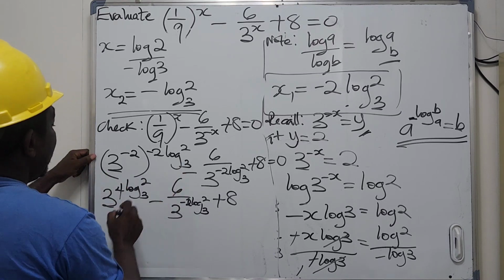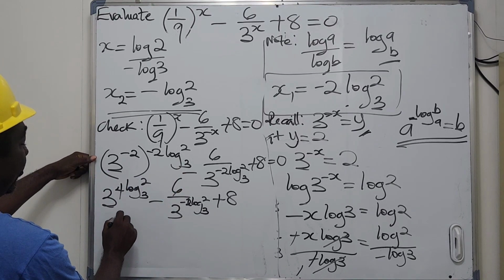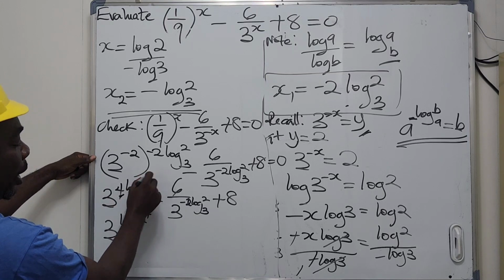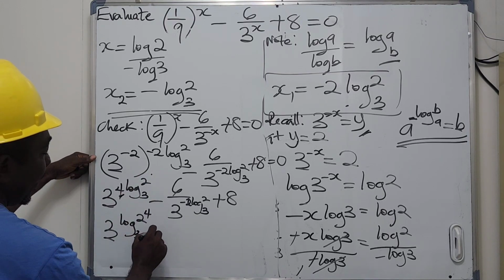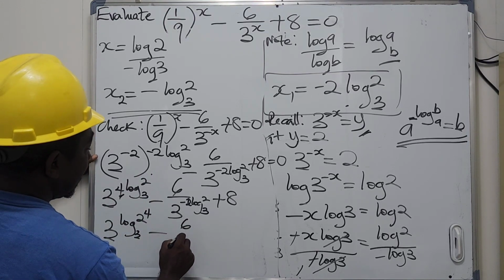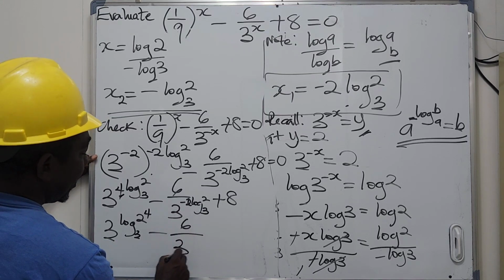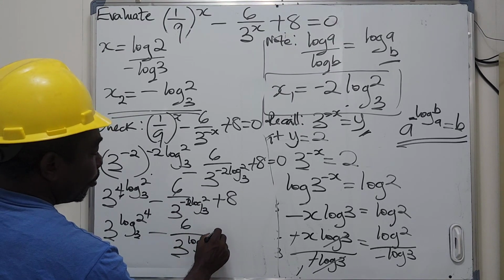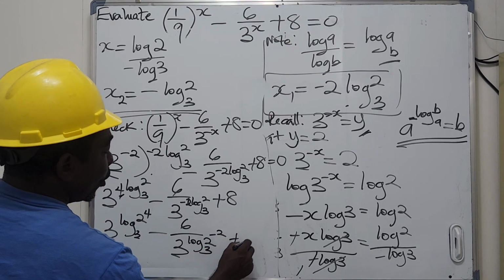So what we are going to do is have 3 to the power of log 2 to the power of 4, base 3. This 4 will come to the power of 2. Then we have minus 6 all over 3 to the power of log 2 to the power of minus 2 base 3, plus 8.